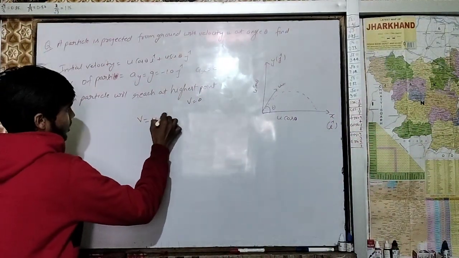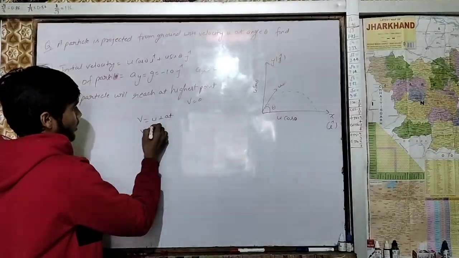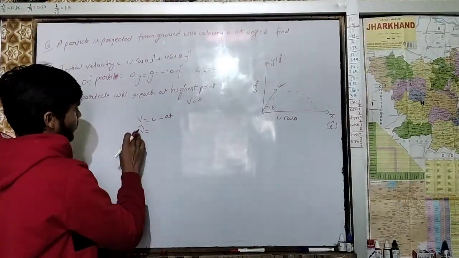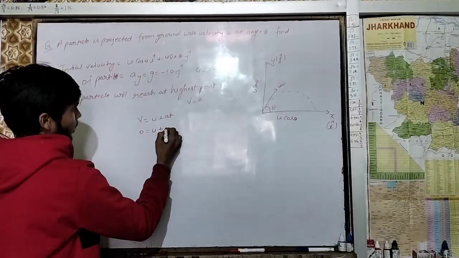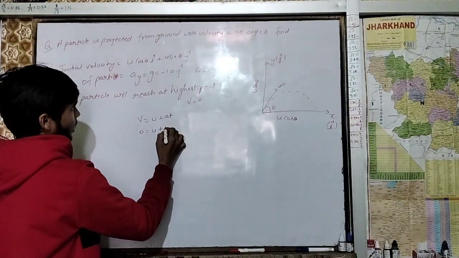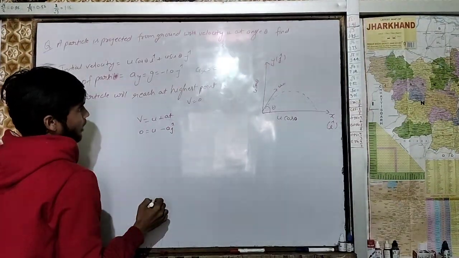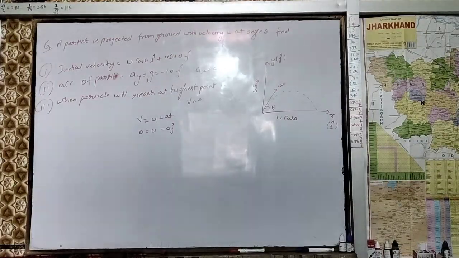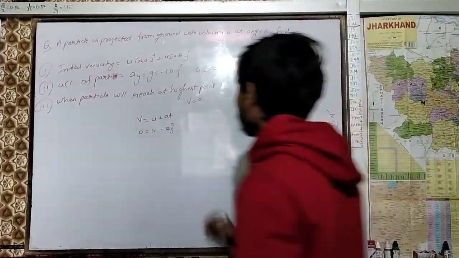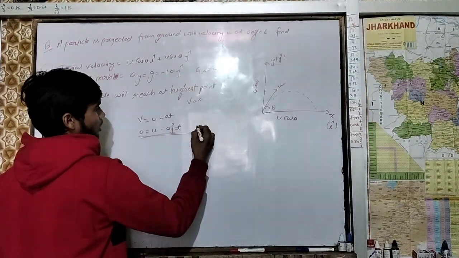So v is equal to u plus at. Here v is 0, u is u sin theta, a is minus g j cap, and t is t naught, the time to the highest point. Here the direction is nothing but minus j cap.